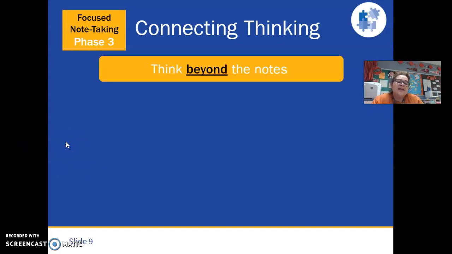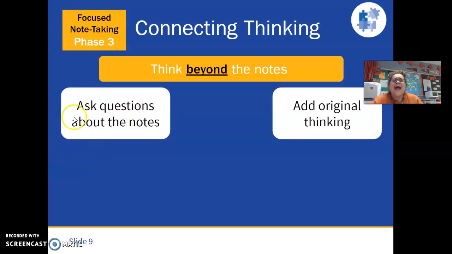So now I need to think beyond what's on the paper. And we'll explain that. I want to ask questions about the notes. If I am in science class and we're looking at certain formulas, parts of a plant, or physics, I want to ask questions about what I wrote down.